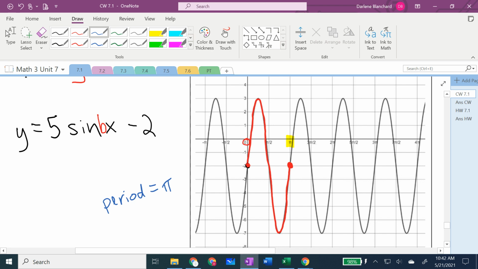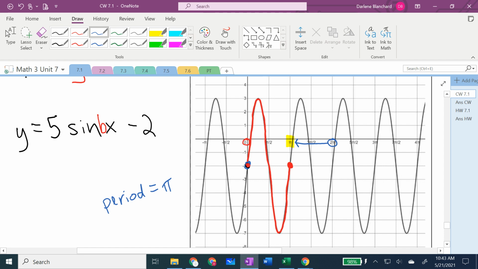And here's what you can do to help think about it. Normally, my cycle of sine starts at 0 and goes all the way out to 2 pi. So you could ask yourself, what do I need to do to 2 pi to take it back to pi?